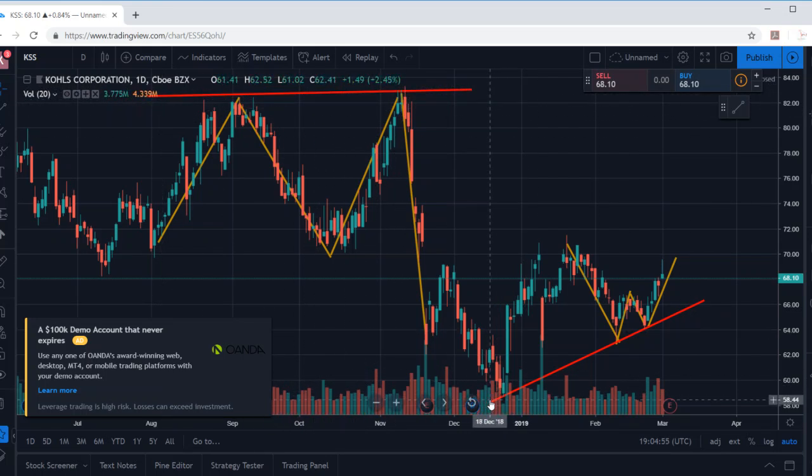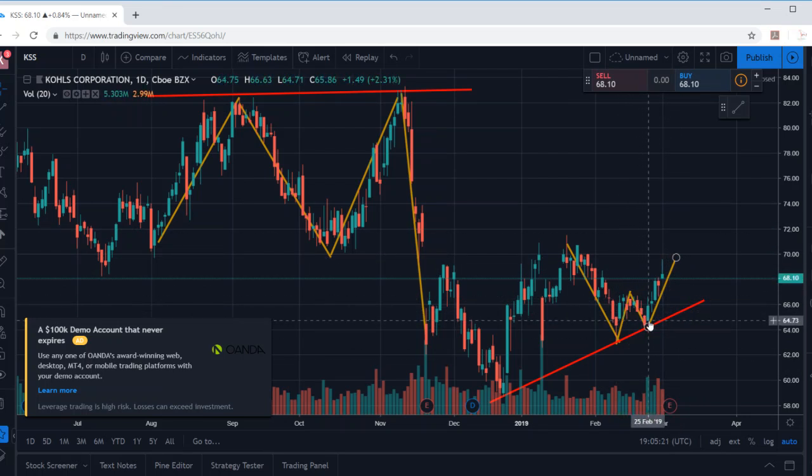Now here's my support. The stock came down, then stopped, went up, but I didn't count these as part of the pattern. So the stock went up, then started pulling back again, bounced off this, dropped again, then bounced off it. Look at it, exactly at the support it bounced again, then it started going up.